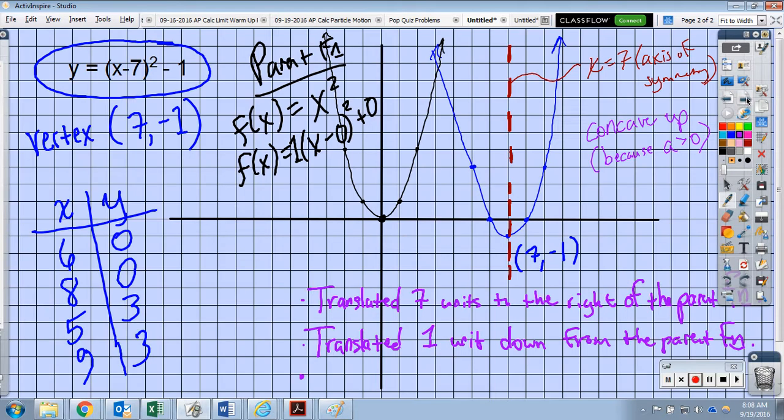So because A is 1, there is no vertical stretching or compression. This is because the absolute value of A is equal to 1. So that leads us to this point here.